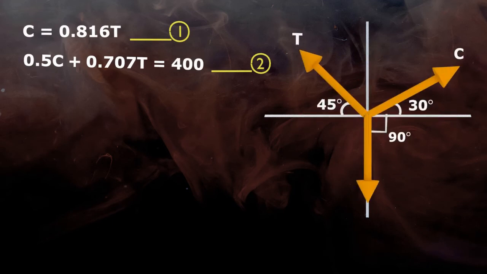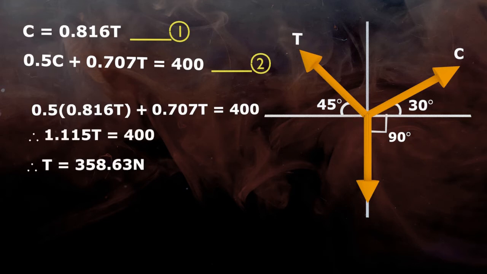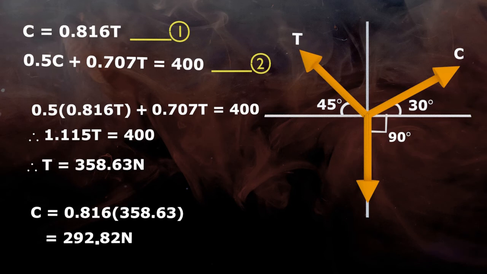Now replace C in equation 2 by 0.816 T. So we get 1.115 T is equal to 400 and T is equal to 358.63 Newton. Put this value of T in the first equation and we get C is equal to 292.82 Newton.